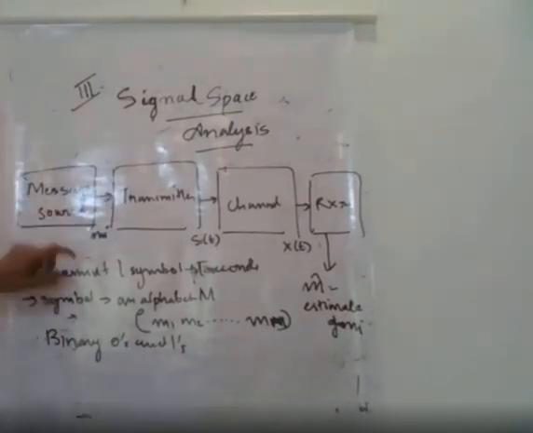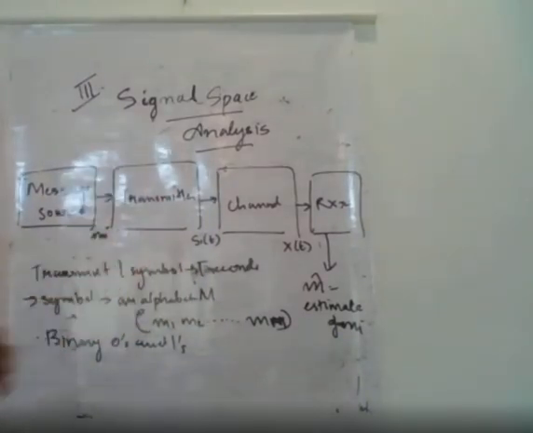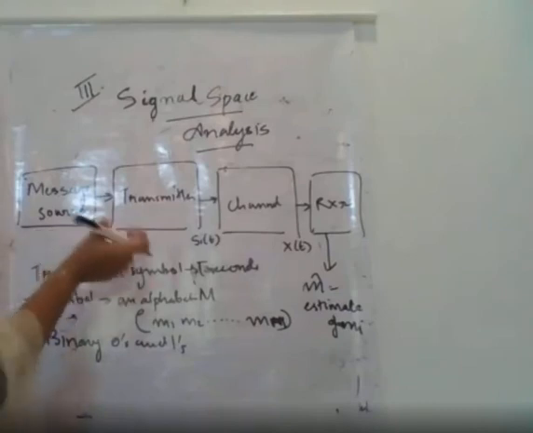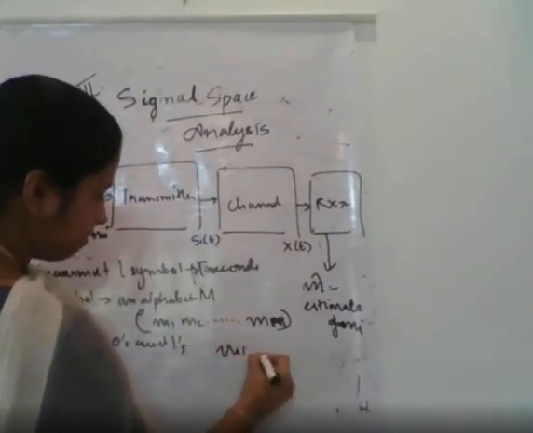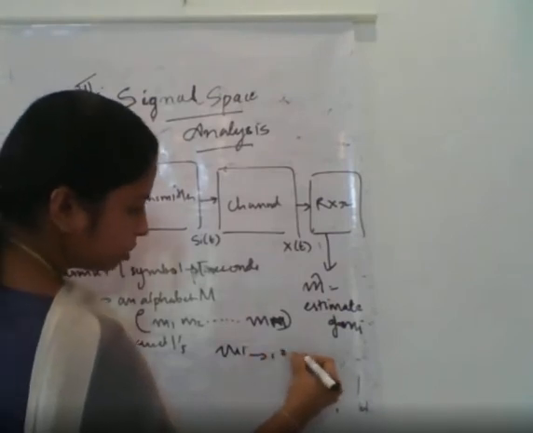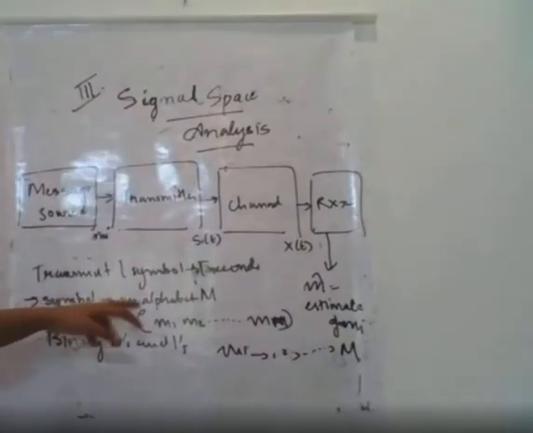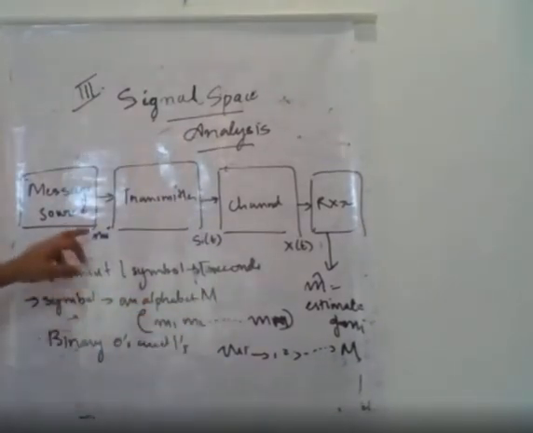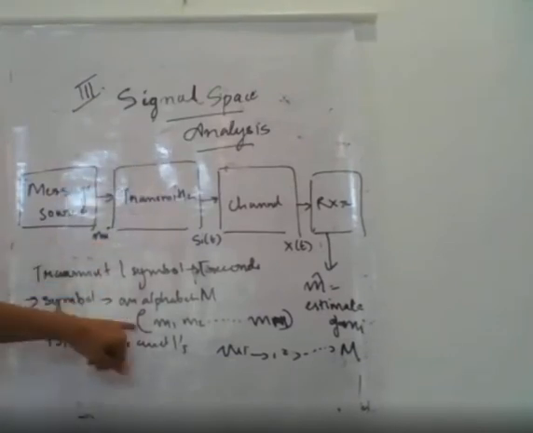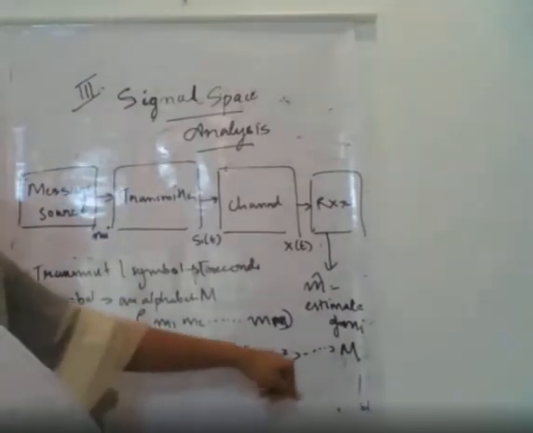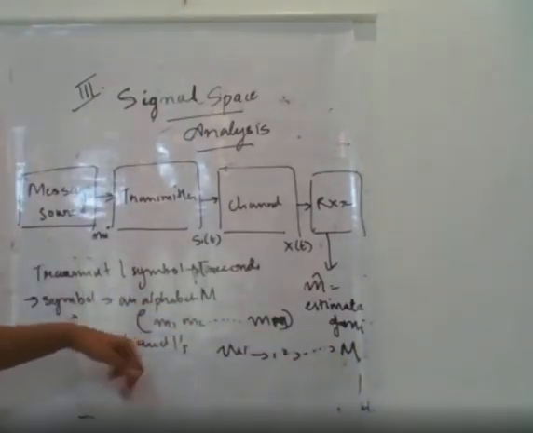The message source transmits a symbol Mi every T second, and this i can take values from 1, 2, 3, etc. to capital M. The symbol is nothing but an alphabet, and binary symbols are zeros and ones.